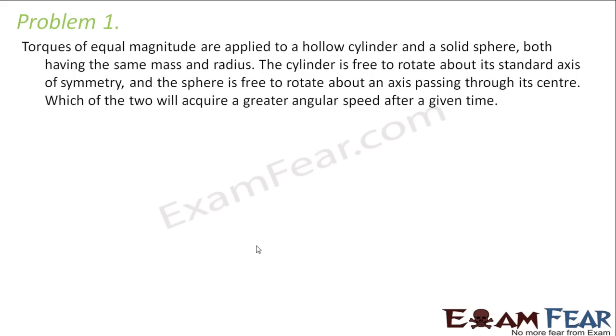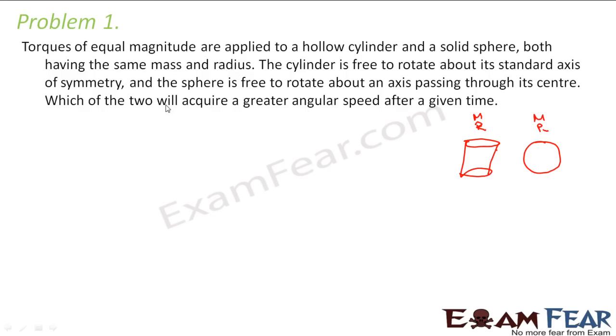Let us look at problem 1. It states that torques of equal magnitude are applied to a hollow cylinder and a solid sphere, both having the same mass and radius. So we have a hollow cylinder and a solid sphere, and we have applied torques of equal magnitude to both of them, and both have the same mass and the same radius.